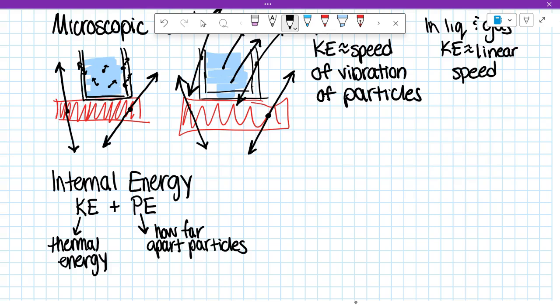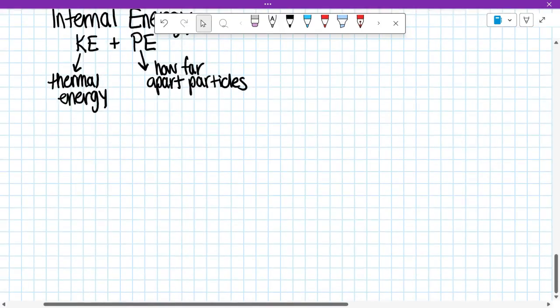Now, we can also, of course, calculate heat transfer, and this is where you're going to have maybe some flashbacks of chemistry, right?